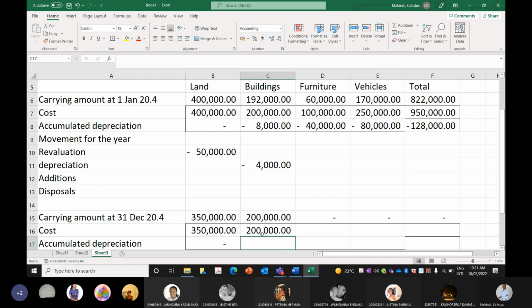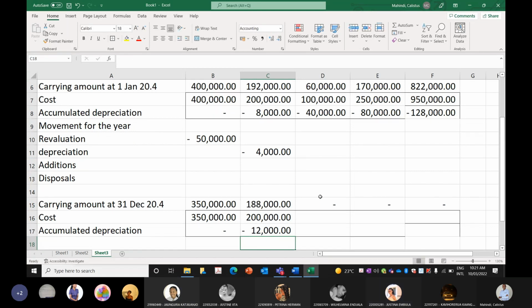So accumulated depreciation is just depreciation over the years. Are we together? So we had accumulated depreciation of 8,000 already, and then depreciation for the current year is 4,000. So what's our total accumulated depreciation? 12,000. 8,000 plus 4,000 is 12,000.